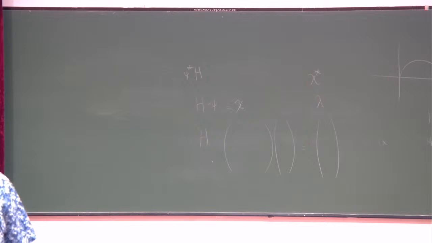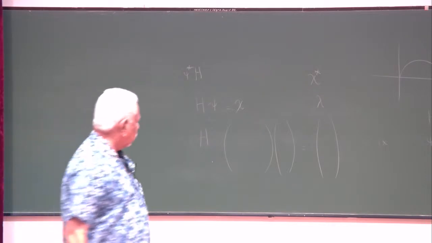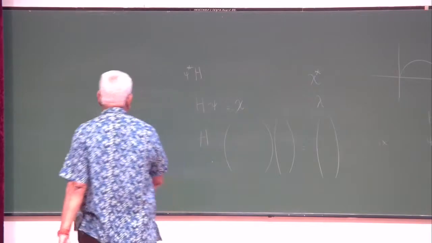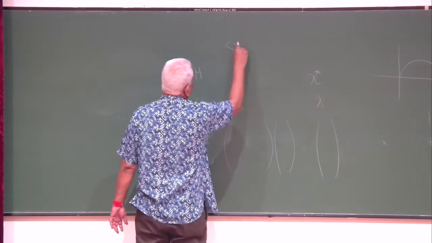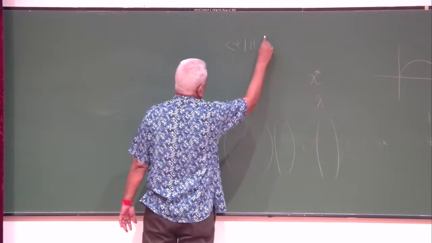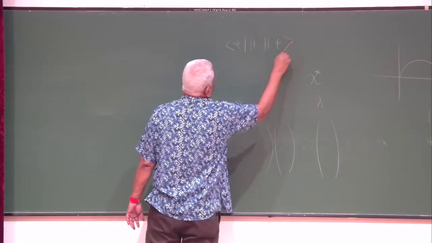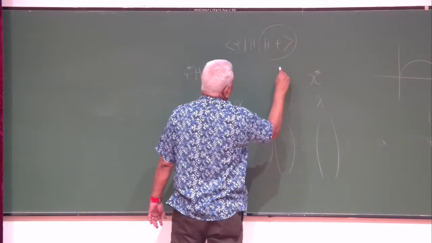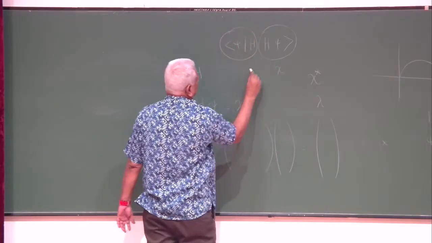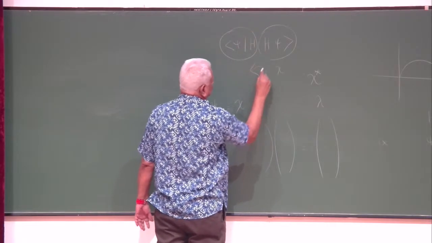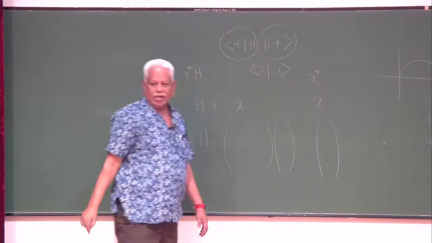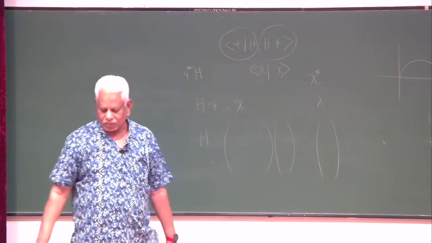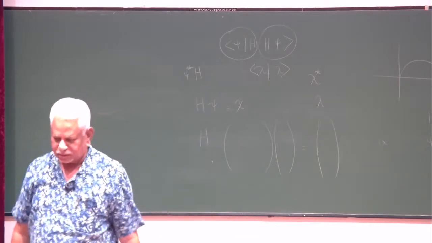You can check it out, but I do not think you are right, because that is why I wanted to introduce this notation psi H. In fact, we are going to use it again. So this object is chi and this object is chi star, that is the way it is. Okay, that is all that happens in this case.